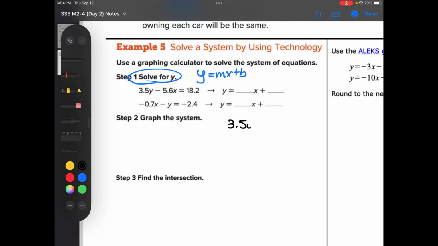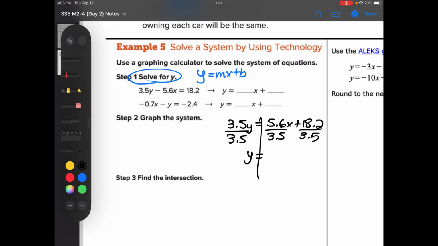So 3.5y is equal to, I'm going to add that 5.6x over to the other side, and then I'm going to divide everything by 3.5. Don't let the decimals scare you or make you run away, because it's really not bad.